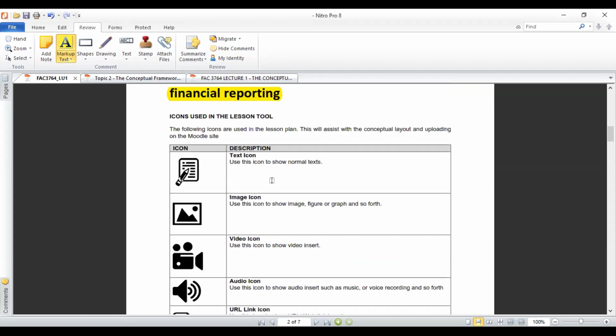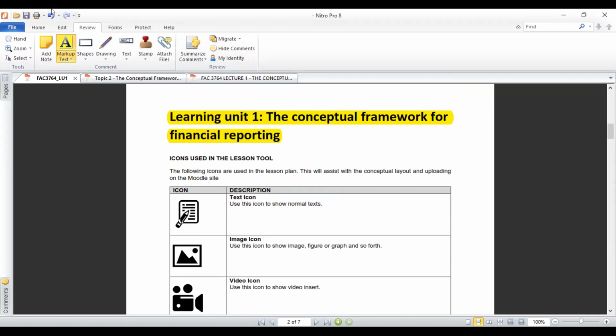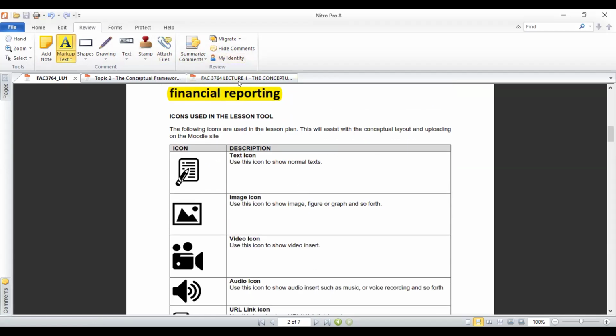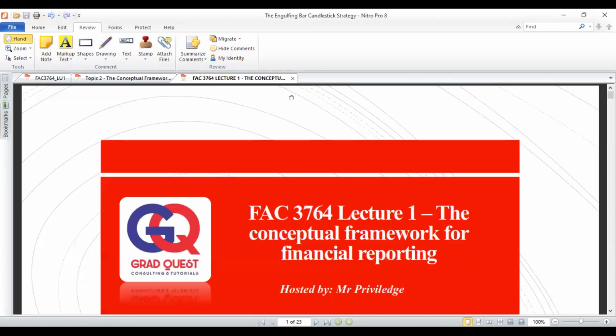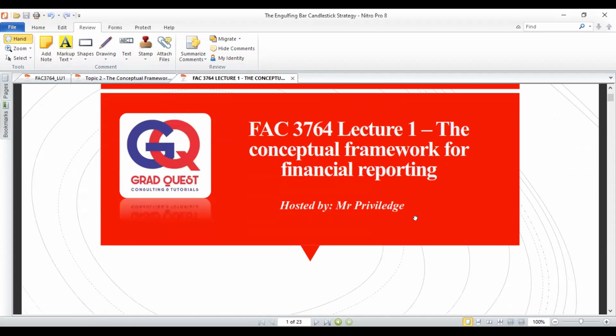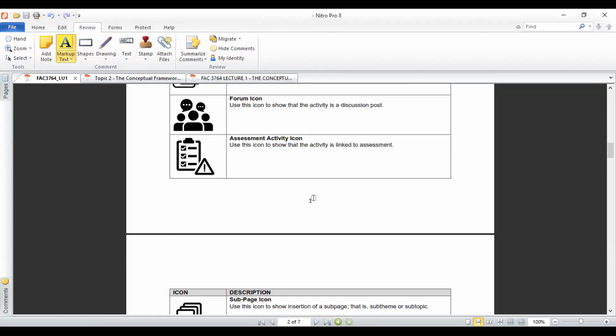This material that I'm showing currently is the material that we have on myUNISA. It's something you can also go through on your own, which is one of the reasons why I decided to do a summary, to expound further on the concept. You can use it as a guideline.